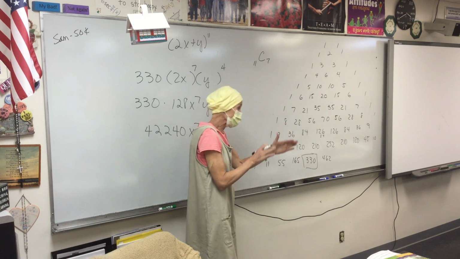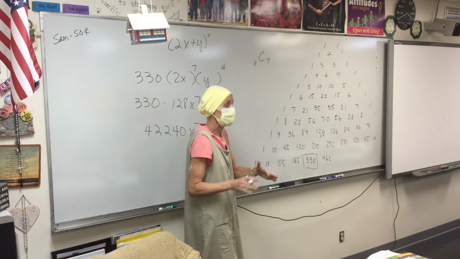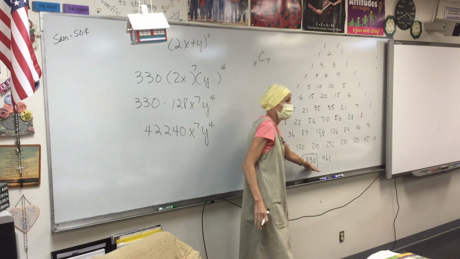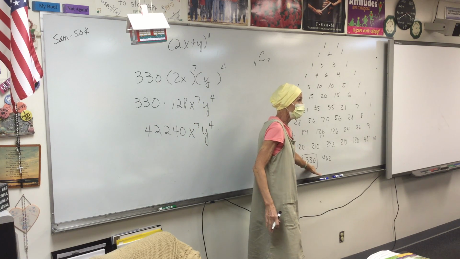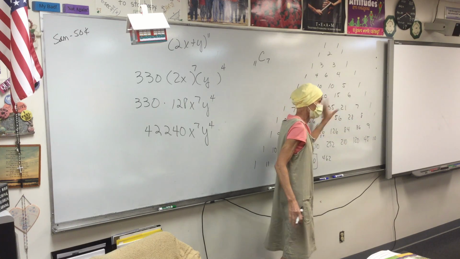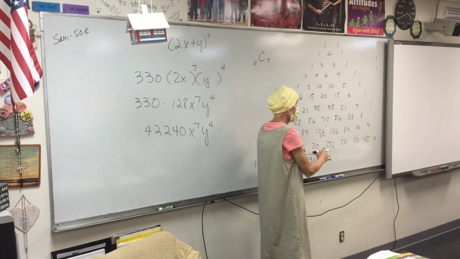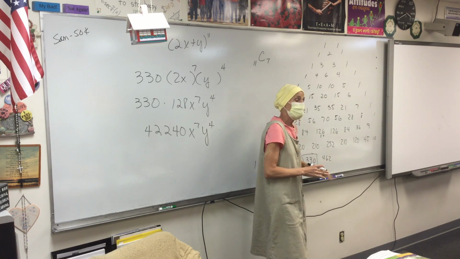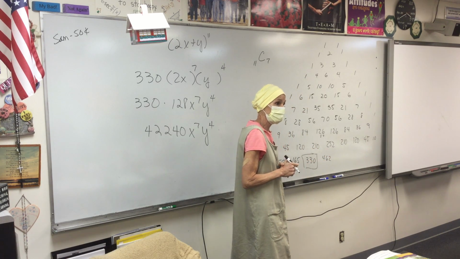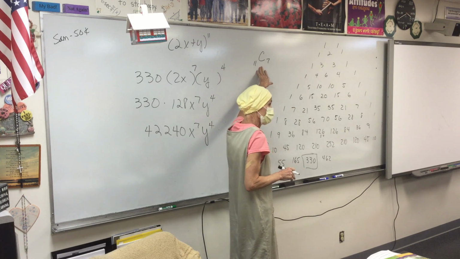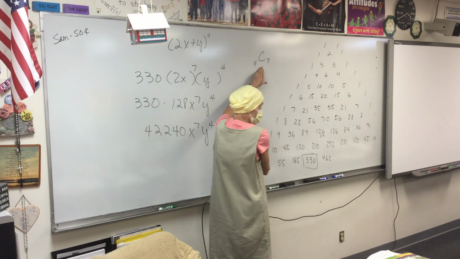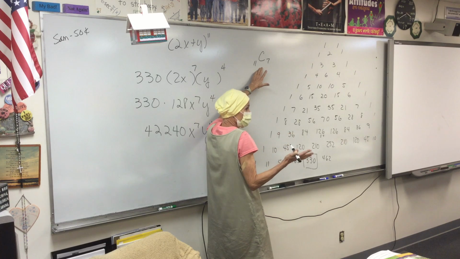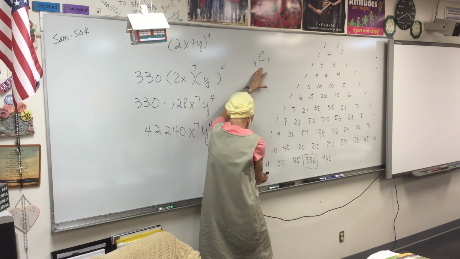So you can pay attention to this or not. Somehow you have to come up with 330. You can come up with it in the triangle. If that makes sense to you and you're comfortable with it, go with it. The other way you can come up with it is to use your combinations. The first number in the 11th row will be 11C11.